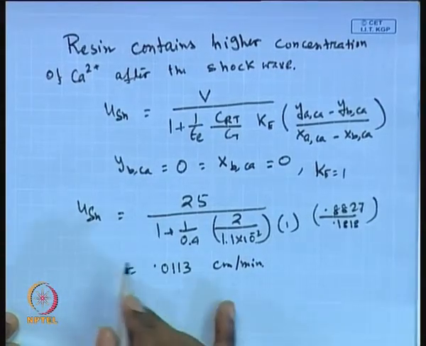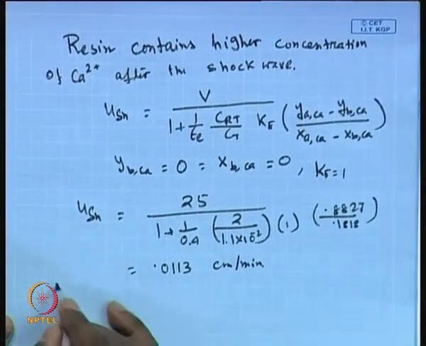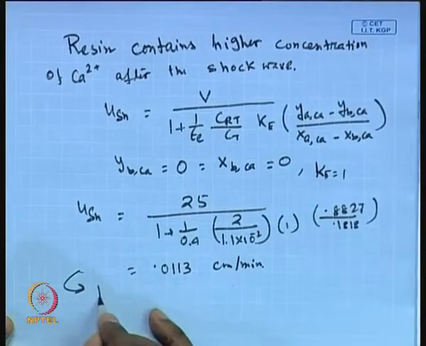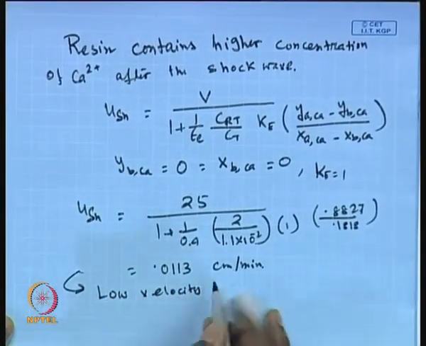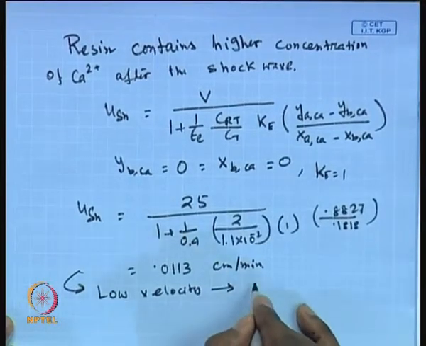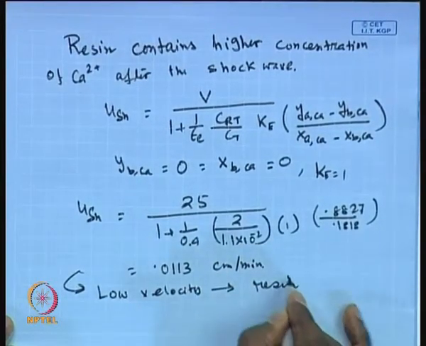Now, this velocity is extremely low. This low velocity of the ion wave is basically because your resin has a very high capacity.